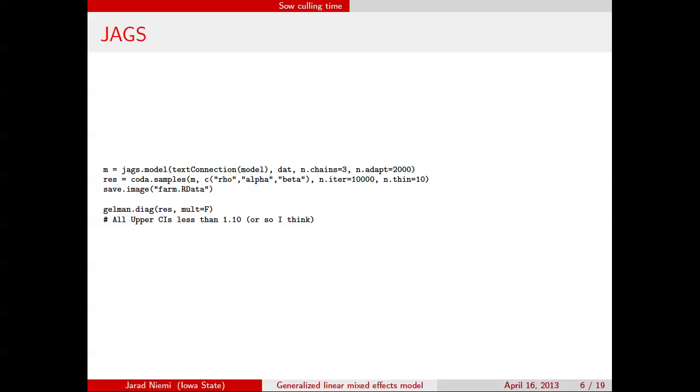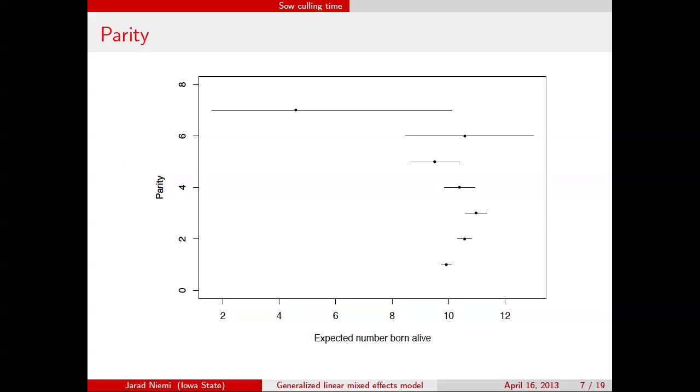All right. So the next few slides go through some of the posterior summaries. This is the first one, the posterior summary for the parity. On the y-axis here are the 7 parities. This is the first litter for a particular sow, the second litter, third litter, fourth litter, and so forth. Plotted on the x-axis is the original scale of the data.